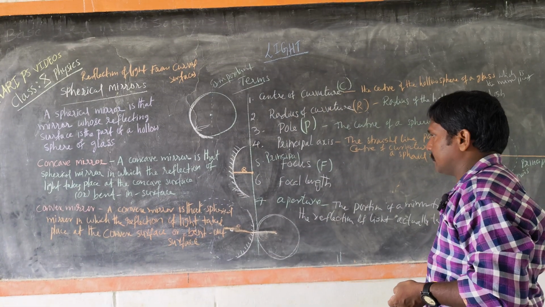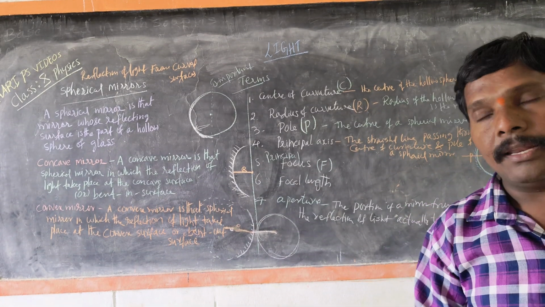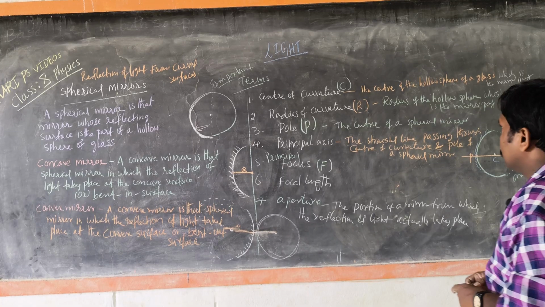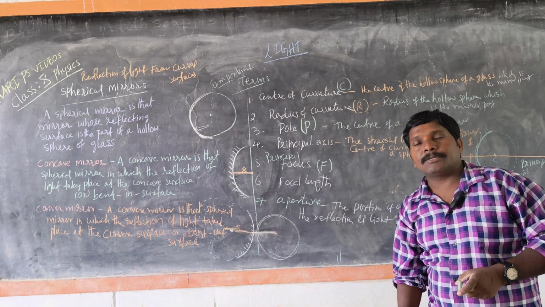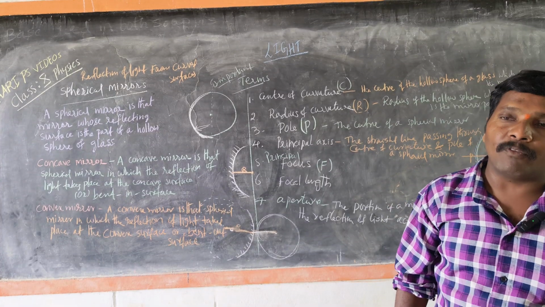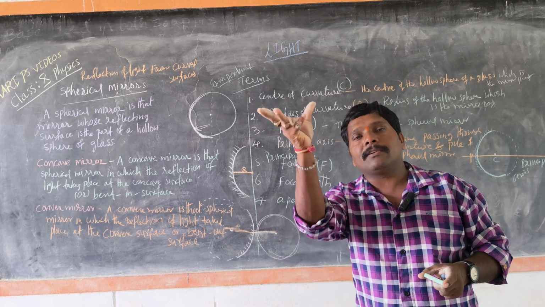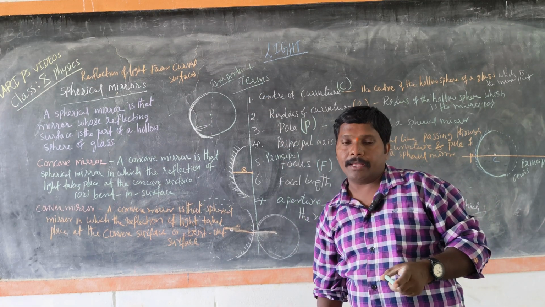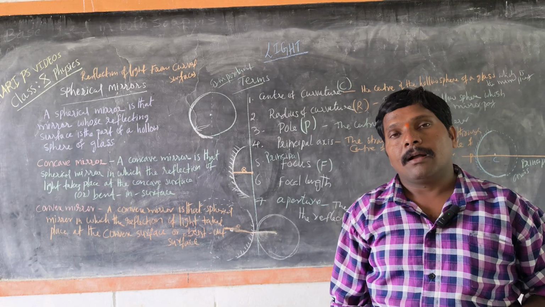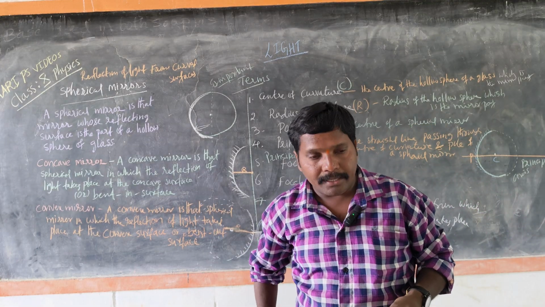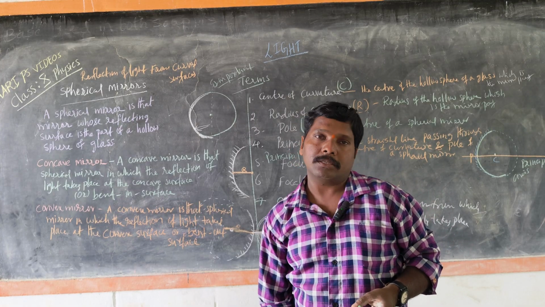The light rays after reflection must converge at a point, or they appear as diverging from a point. Such a point is called the principal focus.